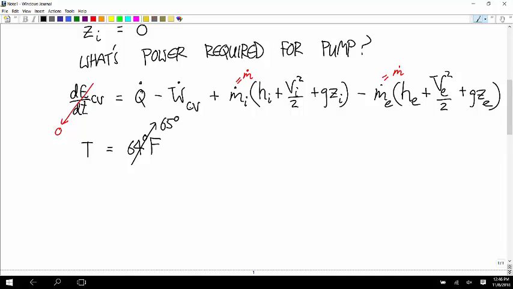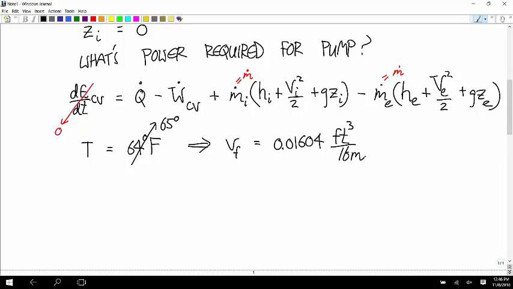A saturated liquid has a specific volume of 0.01604, and that's in units of cubic feet per pound mass.